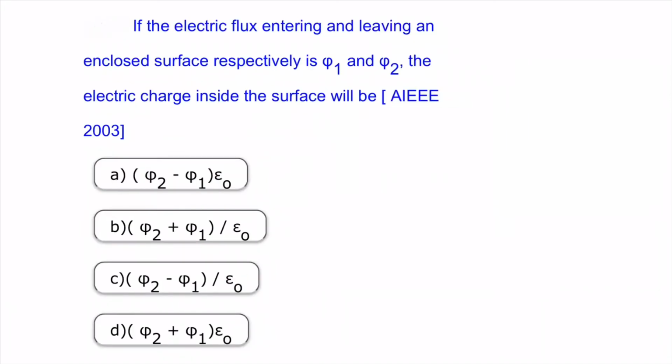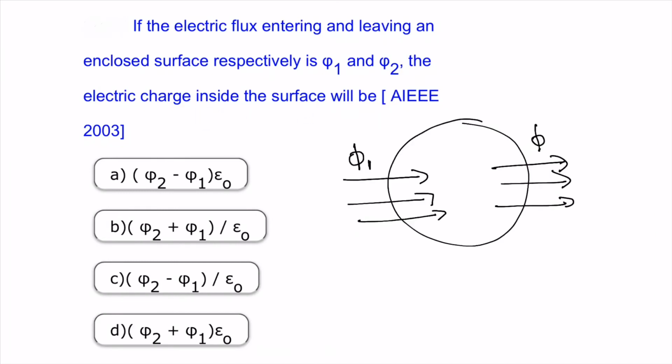Next question. If the electric flux entering and leaving an enclosed surface respectively is phi1 and phi2, the electric charge inside the surface will be. As per the question, phi1 is the flux entering the surface and phi2 is the flux leaving out.